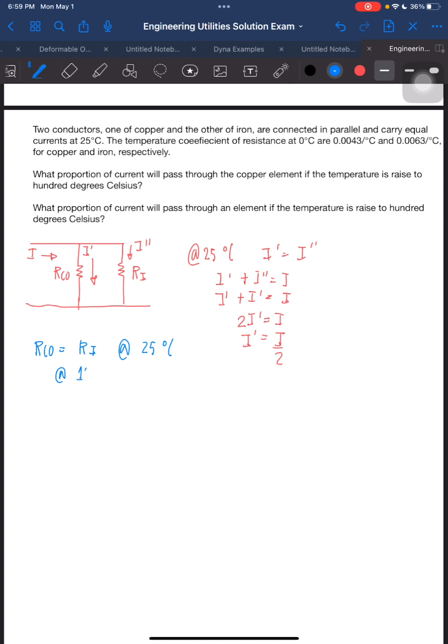So, at 100 degrees Celsius. First, alpha copper is equal to 0.0043 per degree Celsius, and also alpha iron is equal to 0.0063 per degree Celsius.